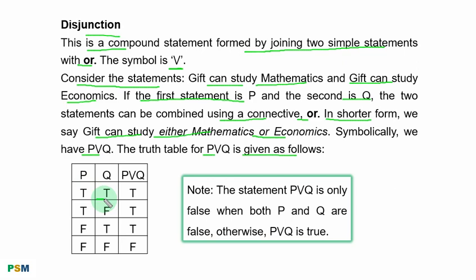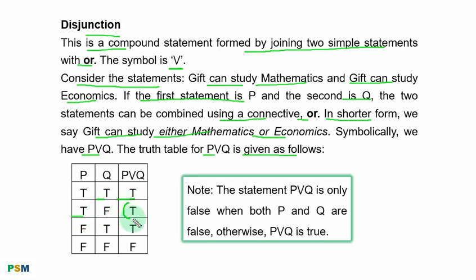Q is saying Gift can study economics. That is true. So the outcome is true. Then P is saying Gift can study mathematics. That is true. Q, here it means Gift cannot study economics, because Gift can study mathematics.